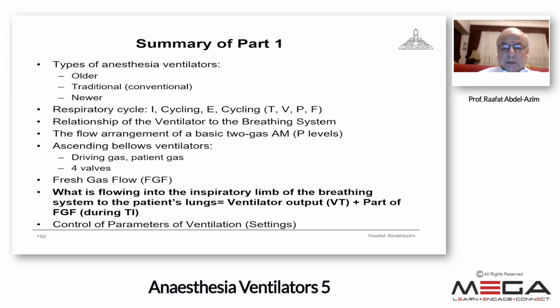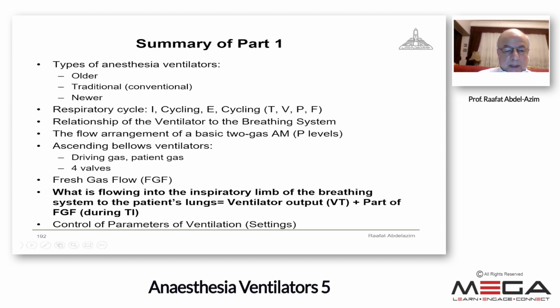And the flow arrangement of a basic two-gas anesthesia machine, either oxygen-air or oxygen-nitrous oxide. What is meant by ascending bellows ventilators, the bellows that go up during expiration, and what the 4 valves controlling the operation of the anesthesia ventilators are, what fresh gas flow is, and now we know that we have 3 types of gases: the patient's gas, the driving gas, and the fresh gas.